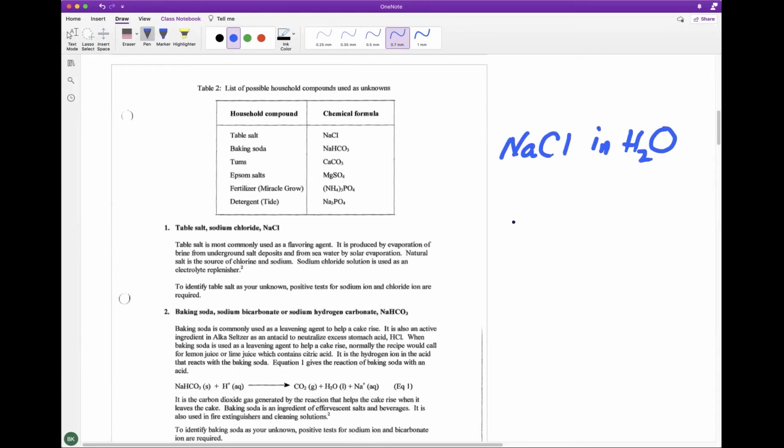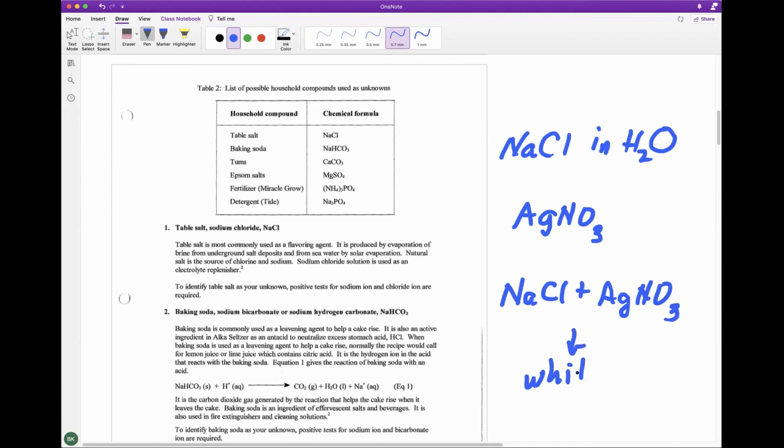And we knew that when we added AgNO3 to that solution, we got a white solid precipitate formed. So if we mix sodium chloride plus AgNO3, we get a white precipitate.